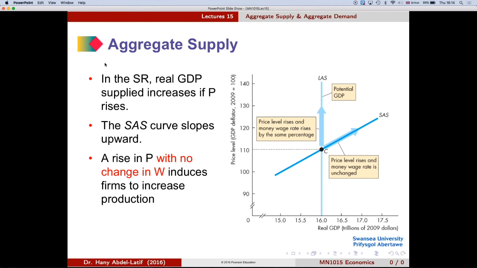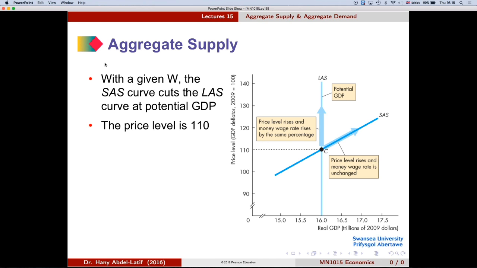So as we see here, this point C could be any point on the short run aggregate supply, but at that point, as I said, if the price level increased, this will encourage firms to produce more. That's why we'll move in this direction on the short run aggregate supply curve.